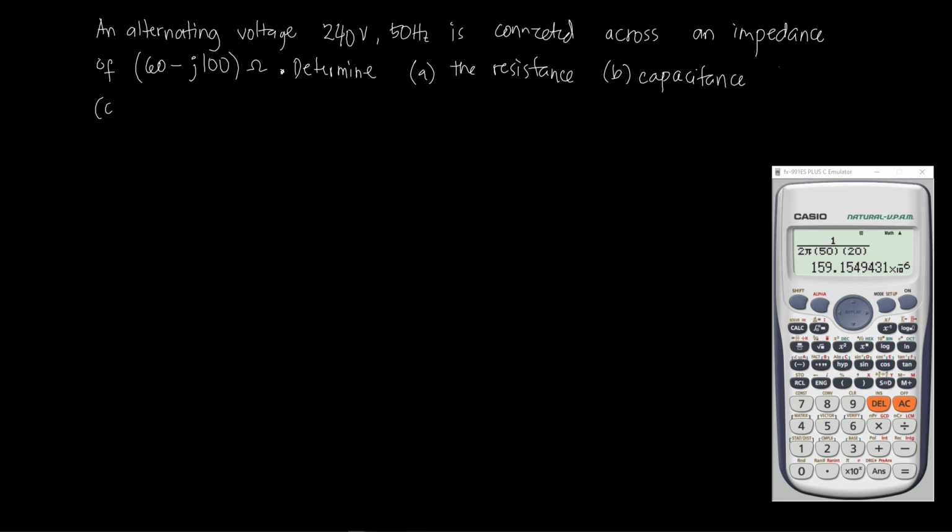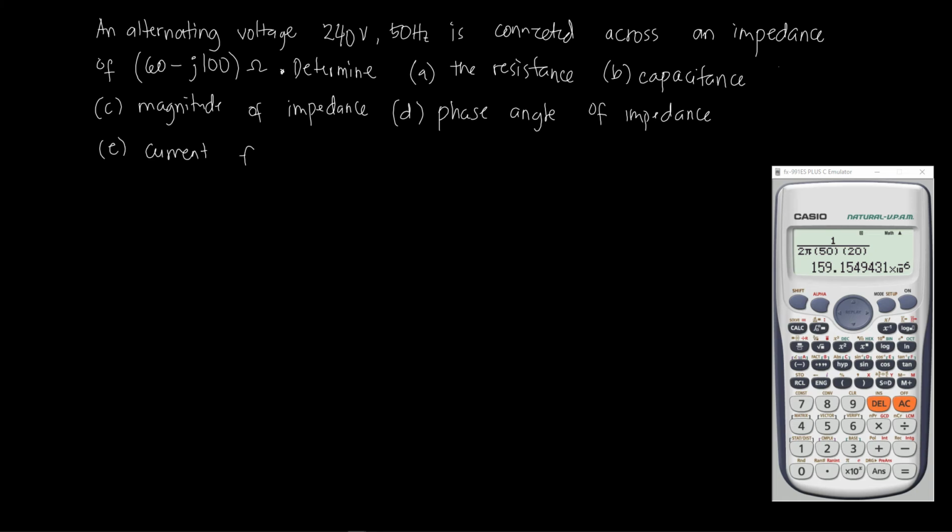Okay, ipapangita pod ang magnitude of the impedance. Okay, D, ipapangita pod ang, let's just say, phase angle of impedance. Then, last, ipapangita pod ang current flowing. Okay.